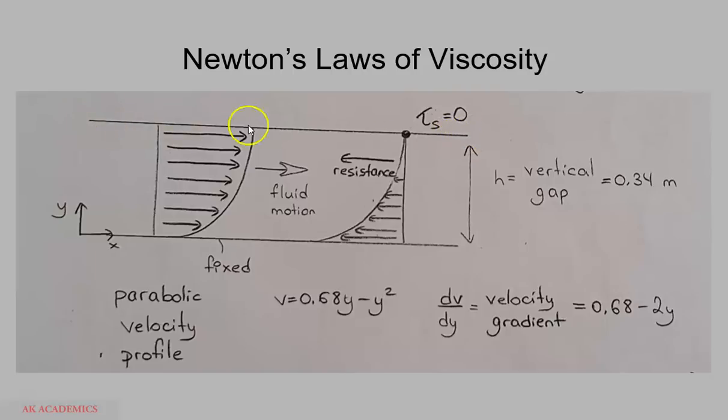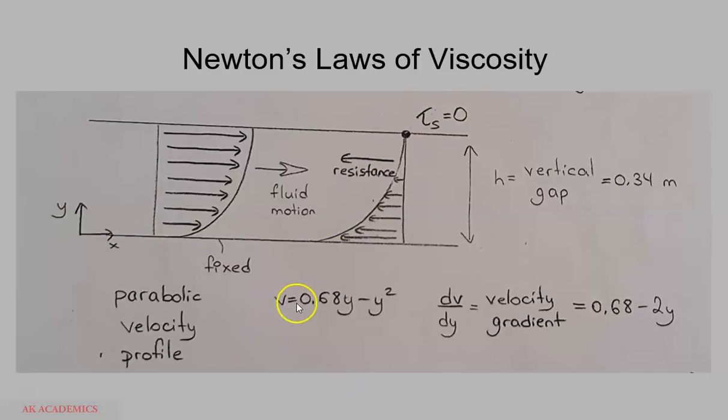So we put our variable plate at y equal to 0.34 meters. Okay, so we have a parabolic velocity profile, and that is why we have this parabola here. If it were a linear velocity profile, it would be a straight line here, and the resistance would also be a straight line here.